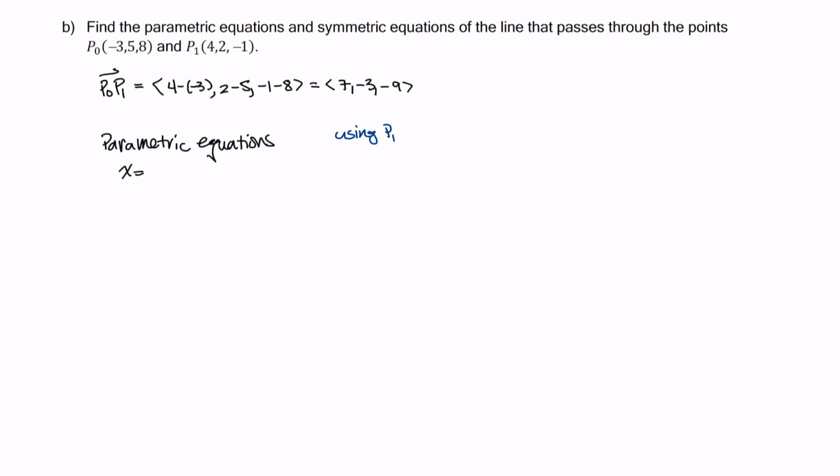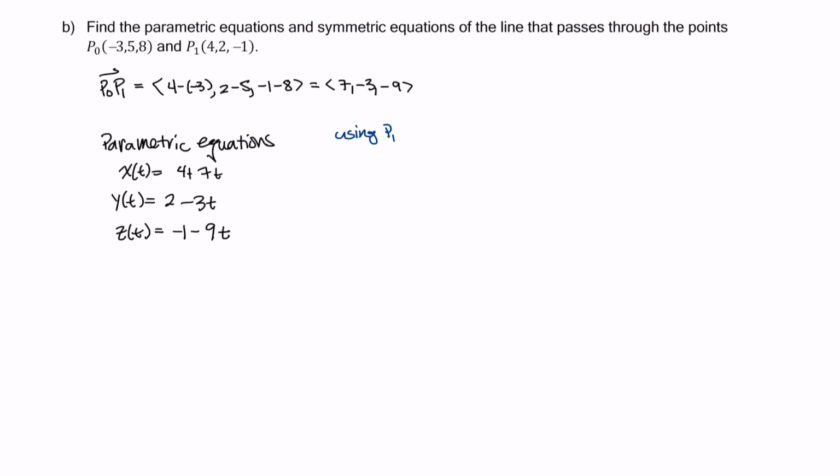I'm just using P1. So we end up with 4 plus 7t. And instead of writing x, this is x of t. Y of t is equal to 2 plus minus 3t. And z of t is equal to negative 1 minus 9t. And these are the parametric equations.